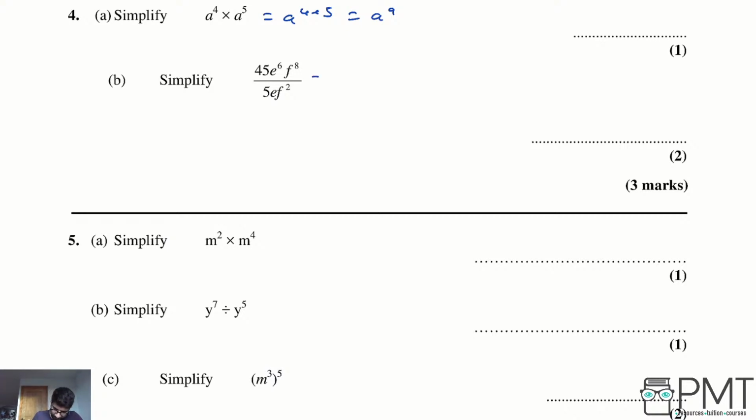And here we have got multiple terms. But remember, the rule is you can deal with the f's together. So we look at these together. We look at the e's together because those have the same base. And then you look at the numbers, the constants, together.